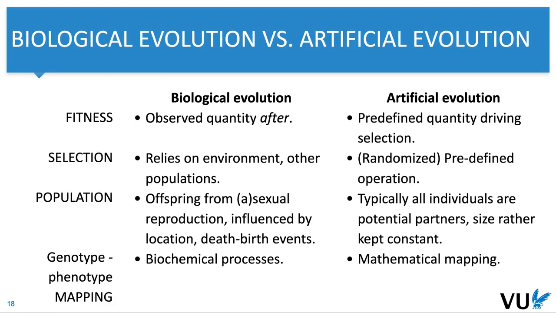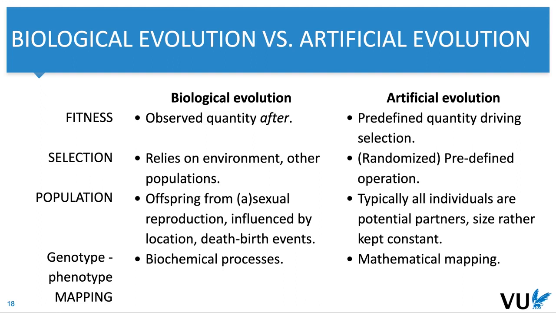And here we have a comparison between biological evolution and artificial evolution. Of course, we can delve into that, and researchers do that, but it is more to give you a feeling that actually these two worlds are completely different. They have some similarities.